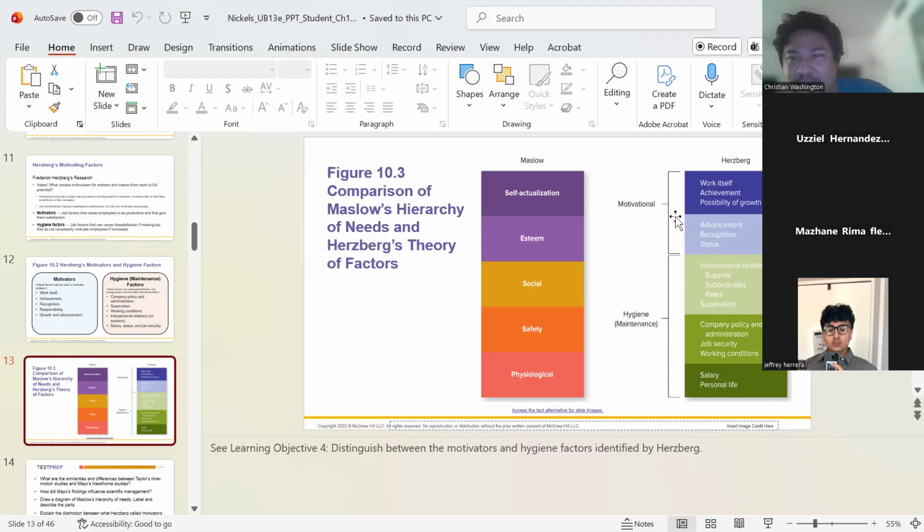And I'd say these two models tend to stand the test of time in terms of employee engagement, understanding how people feel about themselves, what drives people in terms of their job.